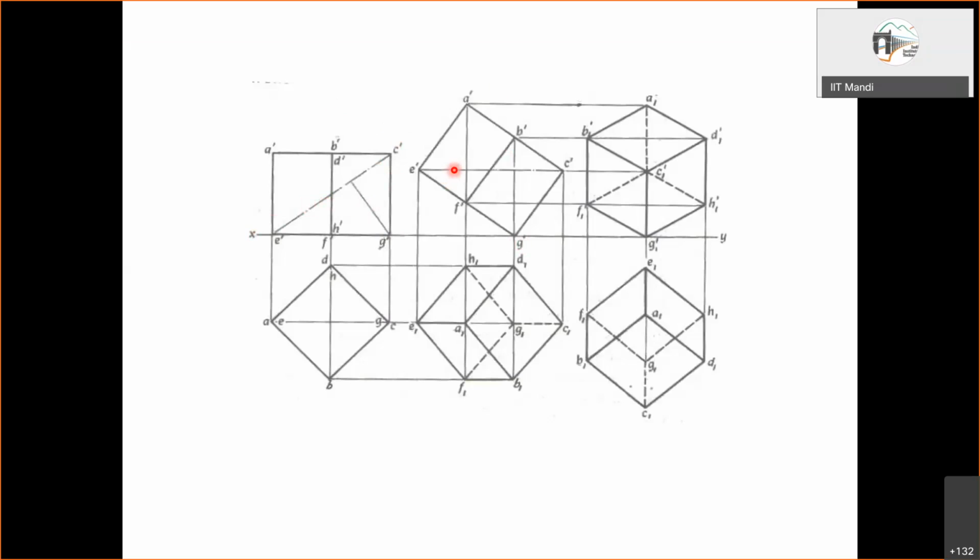This is the second step. Now this body diagonal is parallel to both the vertical plane and the horizontal plane.